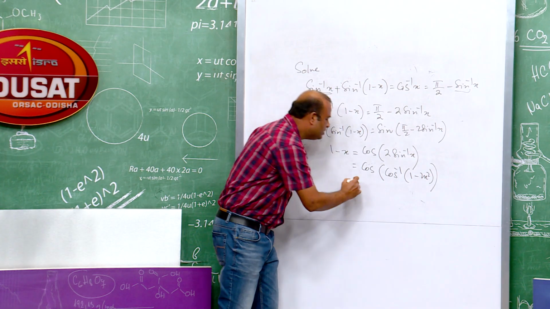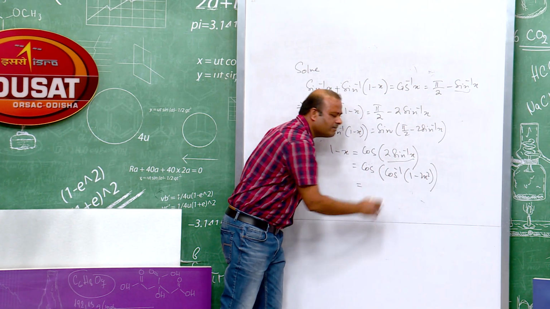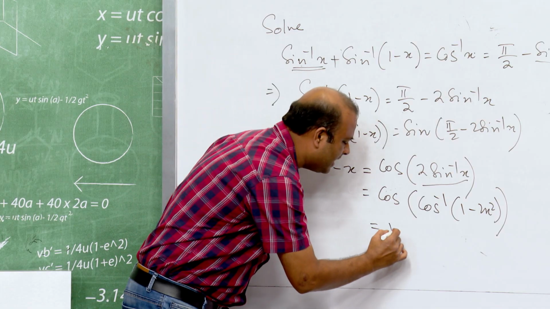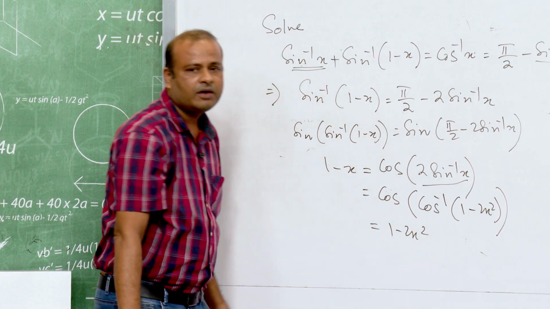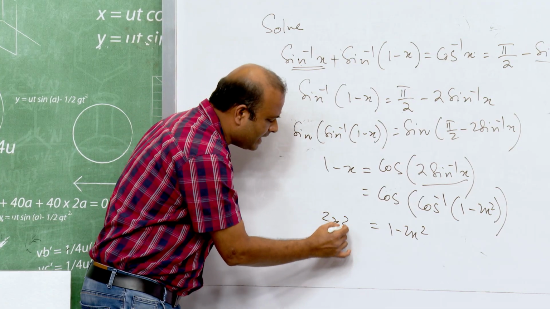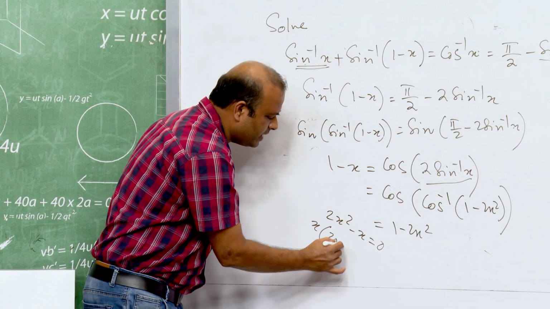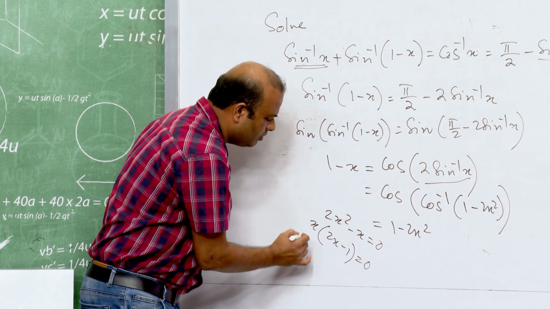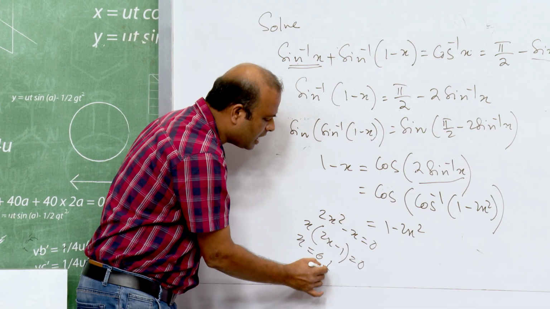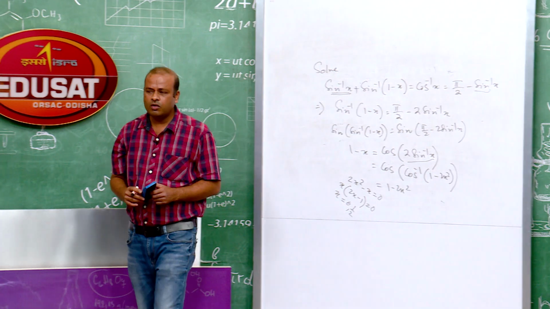So 1 minus x is equal to 1 minus 2x square. Now you can find the value of x: 2x square minus x equals 0. Take x common: x(2x minus 1) equals 0. So x is equal to 0 or half. So the solution is x equals 0 or 1 by 2.